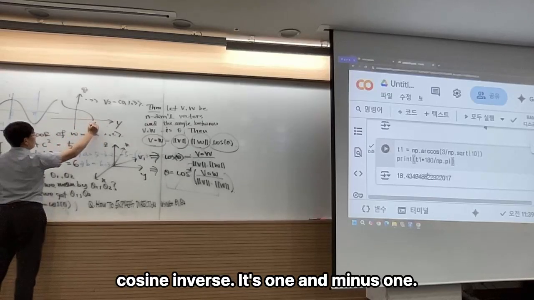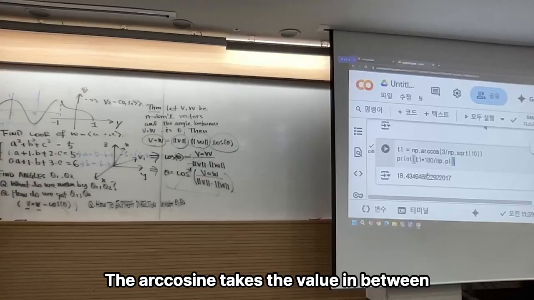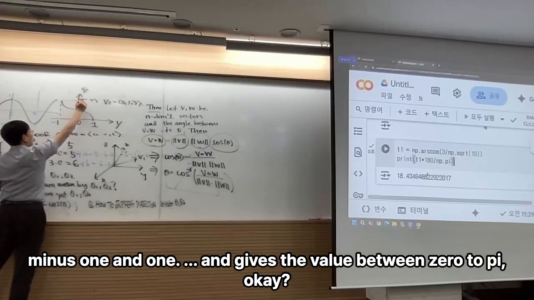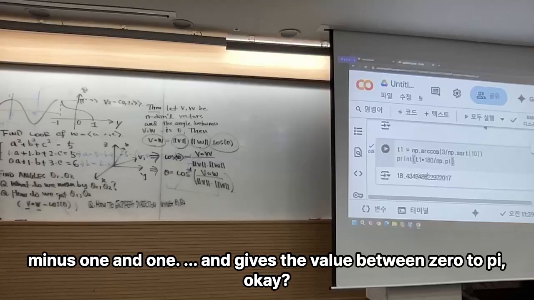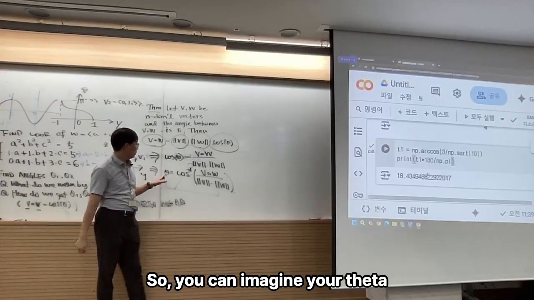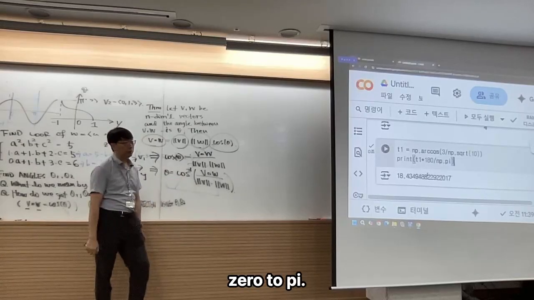So it's 1 and minus 1. So arc cosine takes the value between minus 1 and 1 and gives the value between 0 and pi. Okay. So you can imagine your theta will always be, if you compute this way, between 0 and pi.